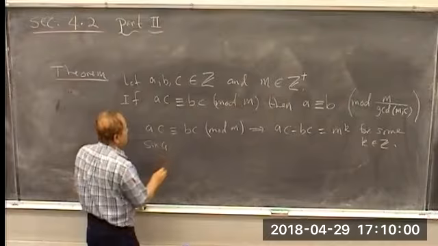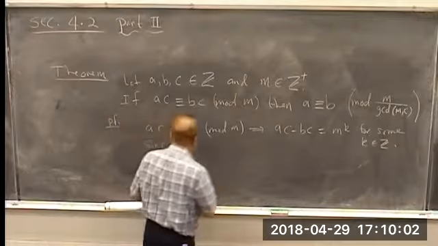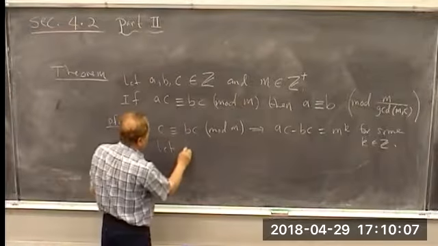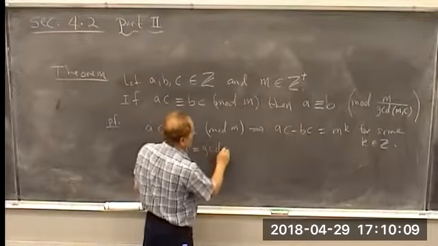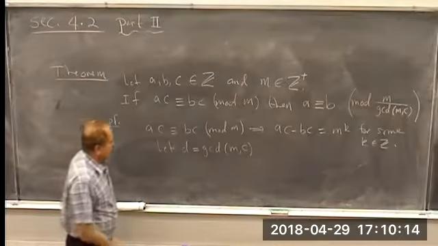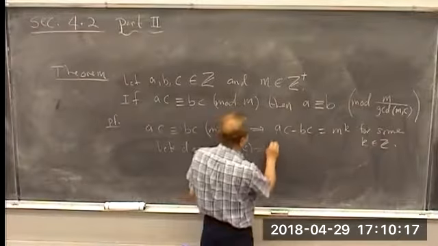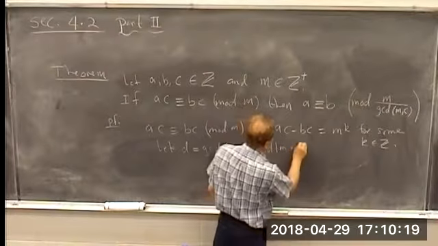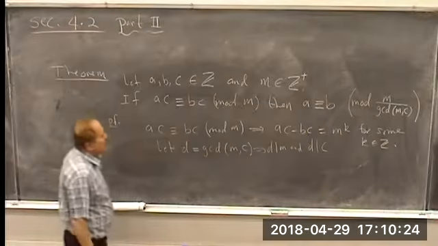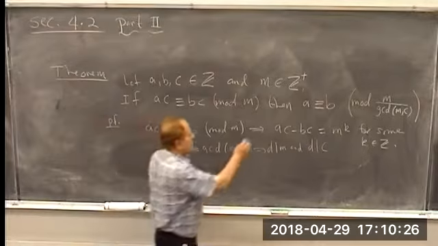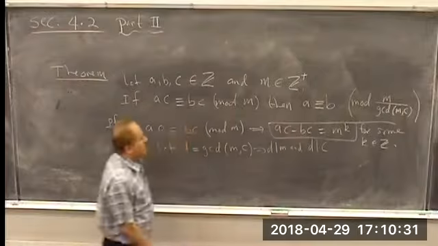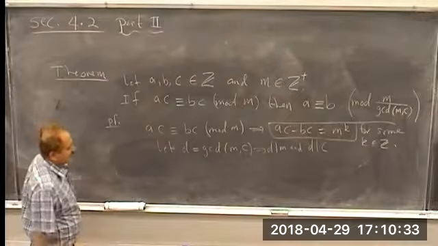Let D equal the greatest common divisor of M and C. So this implies, of course, D divides M and D divides C. So I want to divide the two sides of this equation by D. And we can do this because it has a C that D divides.